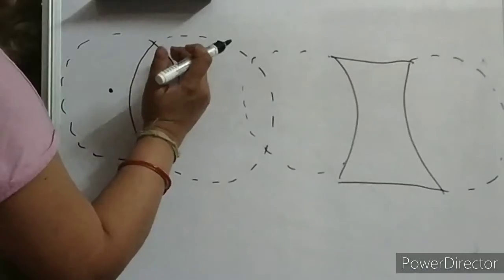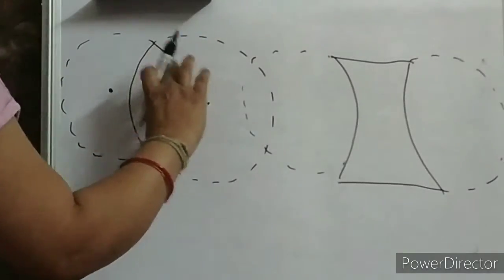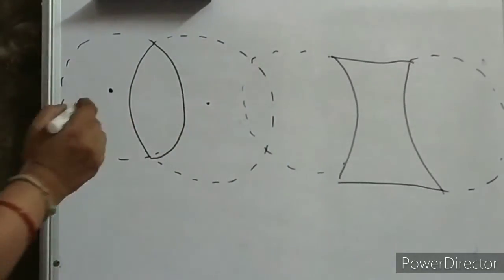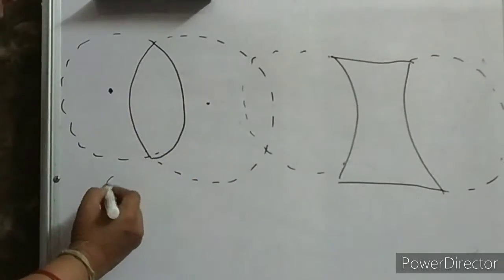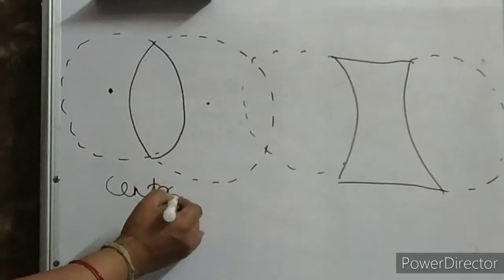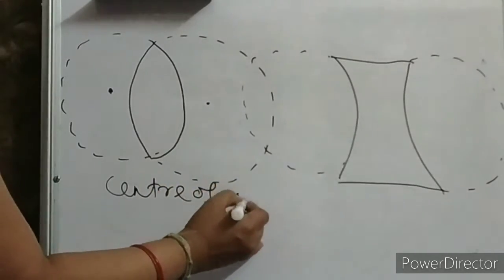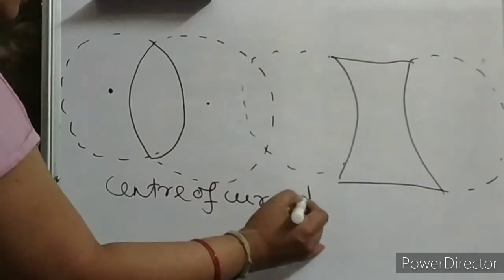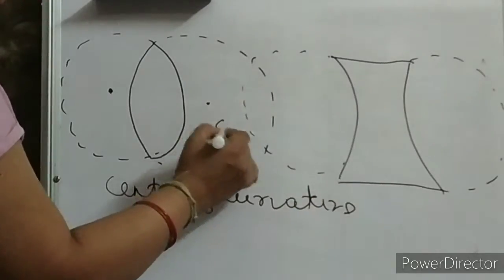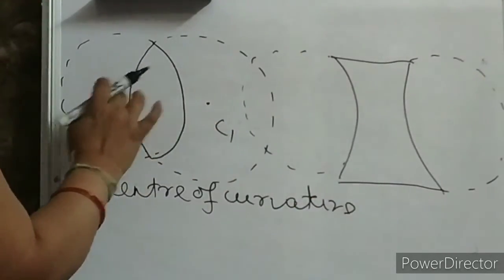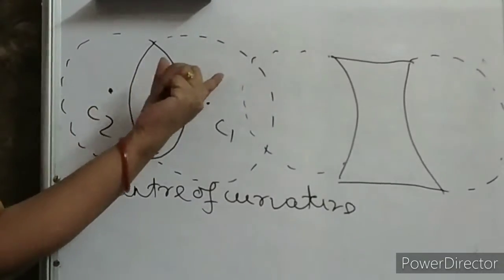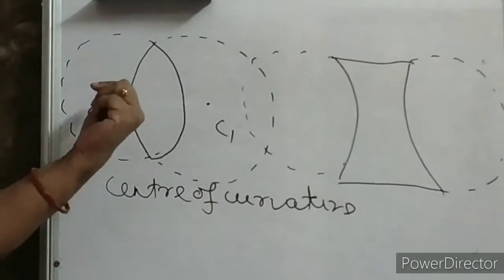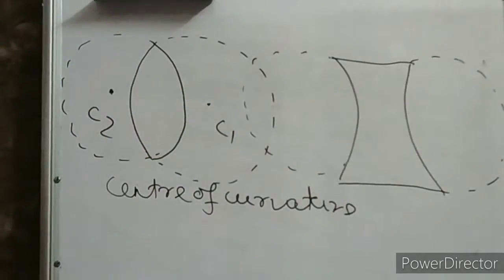We are dealing with the small part, that is the curve. Then what is this point called? That is called the center of curvature, children. C1 and C2. Since both the curved parts are from two spheres, there will be two centers of curvature. Clear, children?